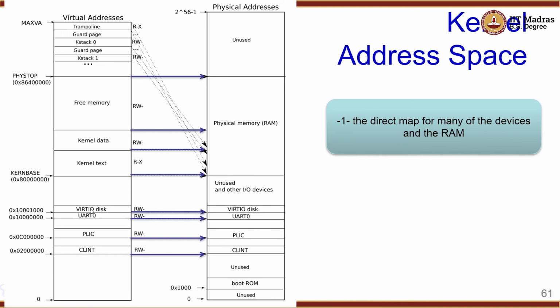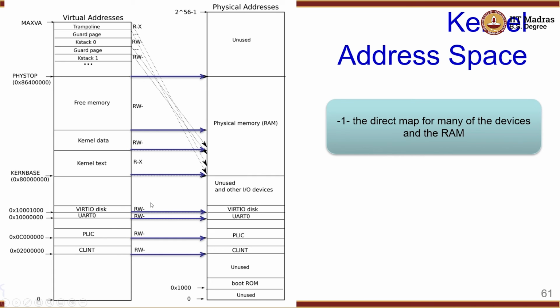Therefore, if the CPU wants to transmit or receive data through the UART, it needs to send out some address in this range of say 10 million, and this virtual address needs to be converted to a physical address to access the read and write register, the config register or the status register present in the UART.